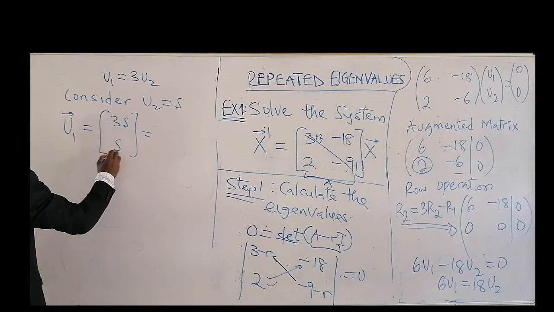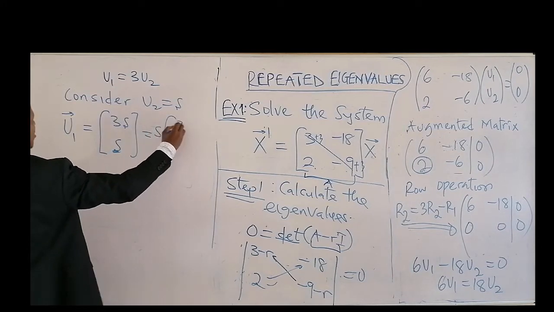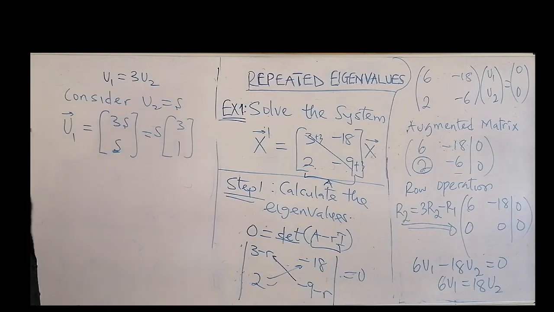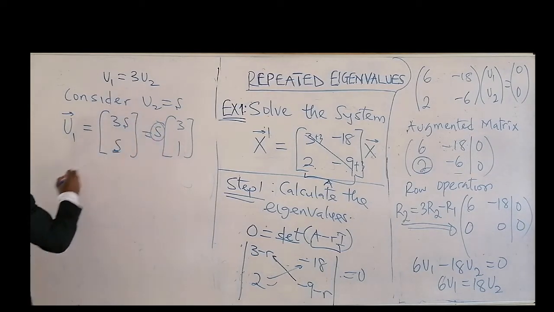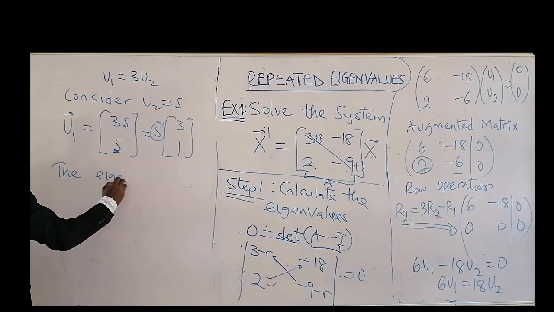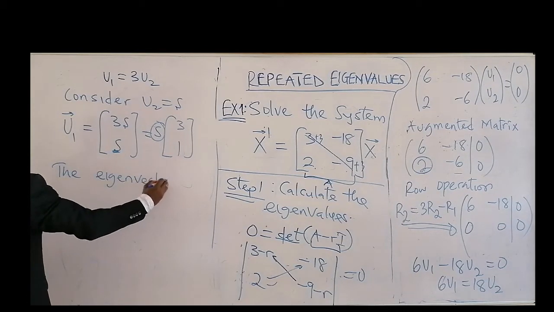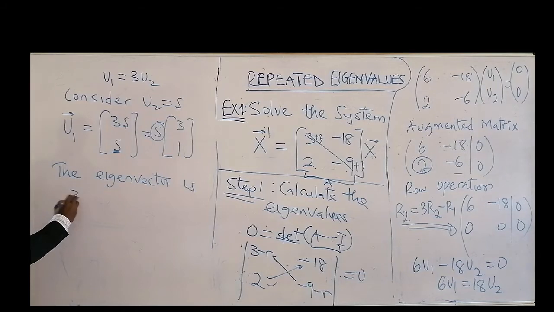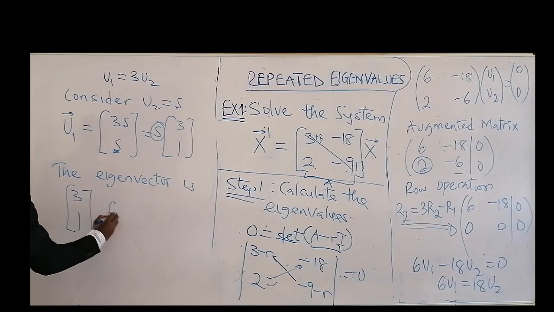So we can take this x outside, then we have 3, 1. Okay, so let's take this x as 1. So the eigenvector is 3, 1.